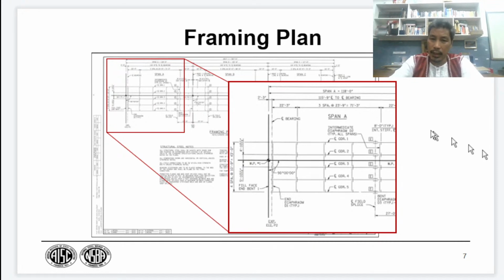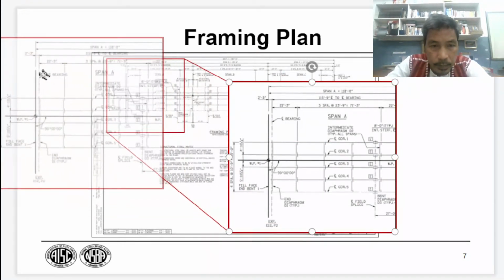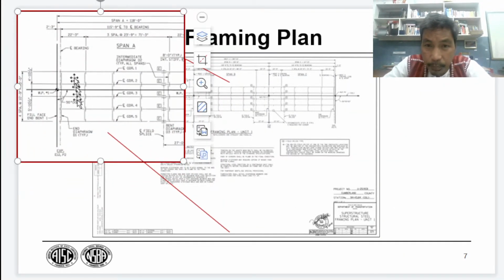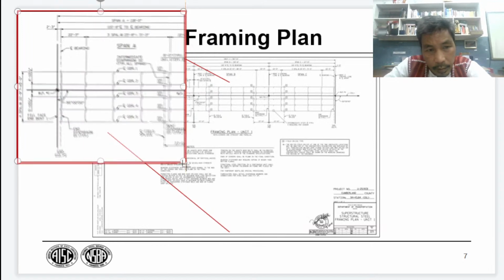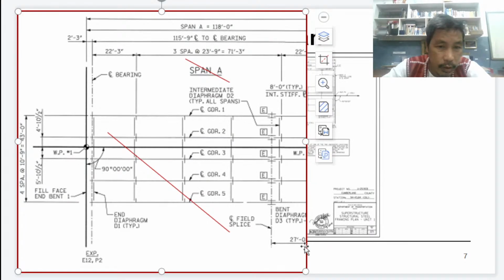So let us take a look at this part. This part is what we call the framing plan. This is the third content of the engineering plan. First page, we have plan and elevation. Second, typical section. Then third is framing plan.